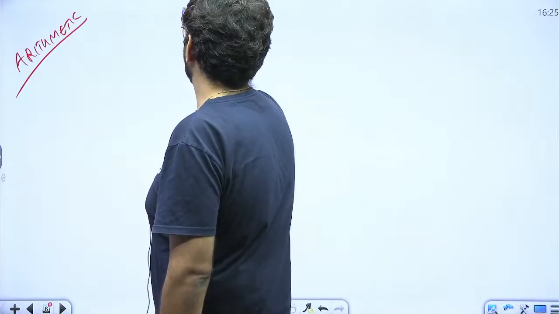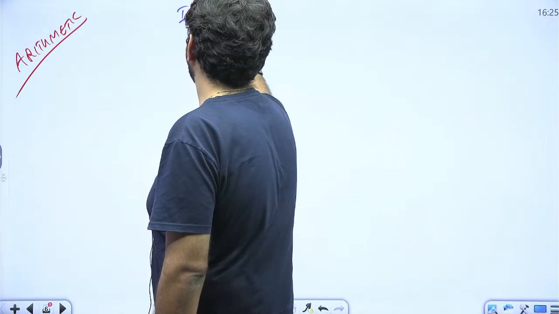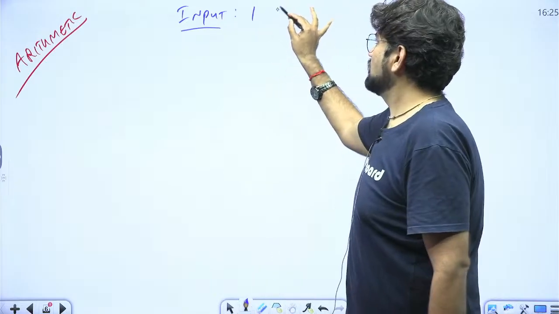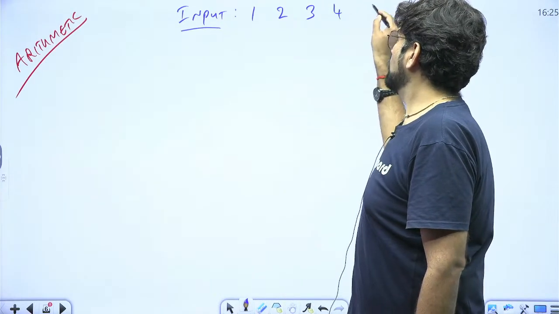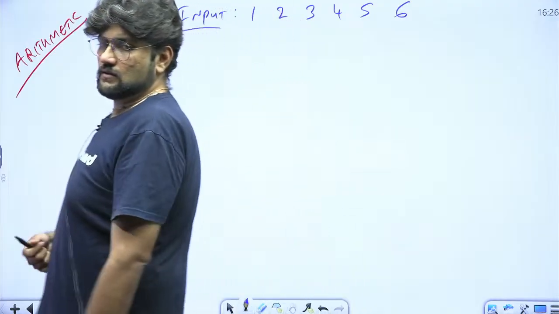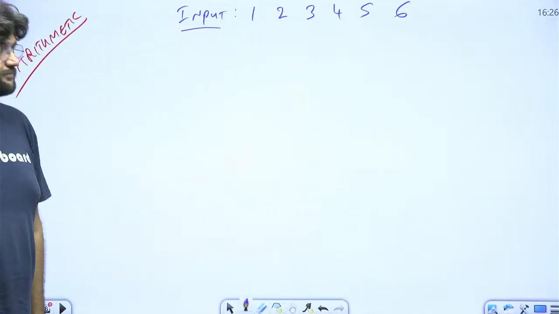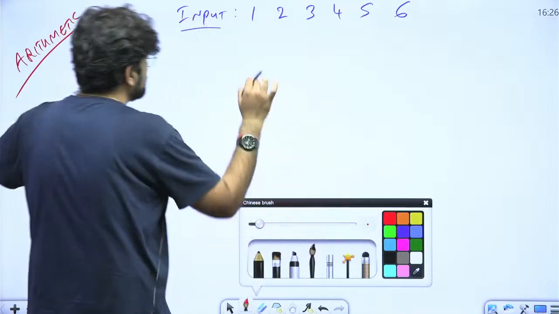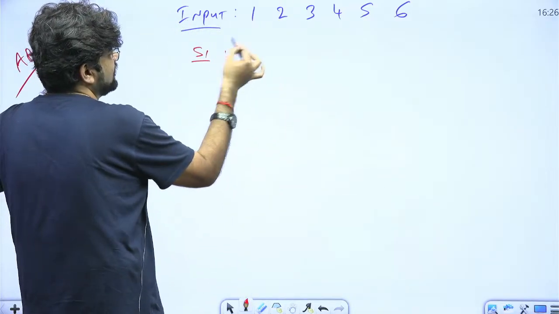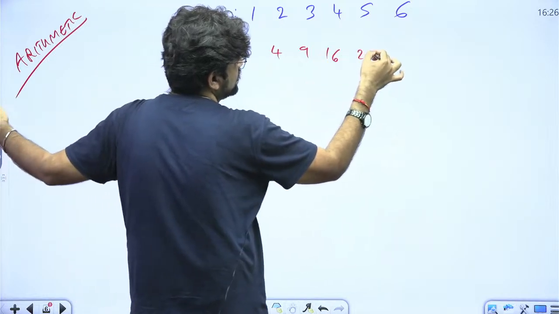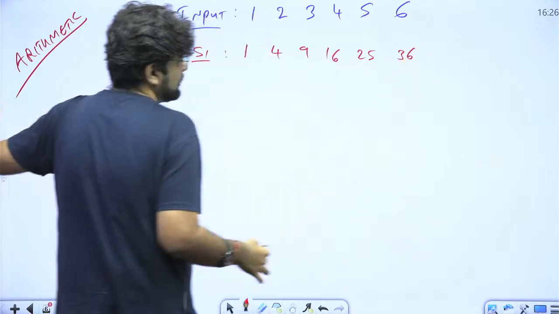So I have an input here, which I'll give you, a very simple one. 1, 2, 3, 4, 5, 6. That's it. Okay, this is the input. Now, step 1, I will have this as 1, 4, 9, 16, 25, 36.